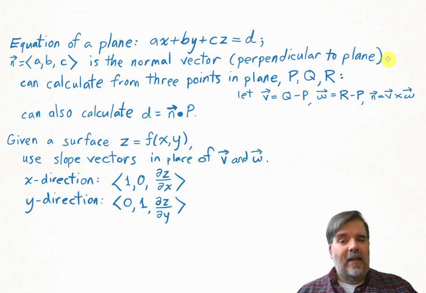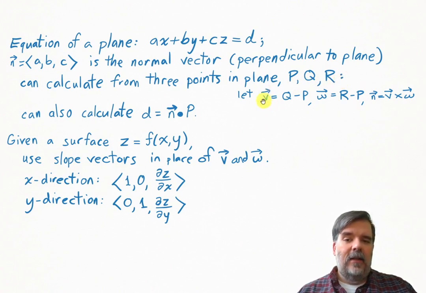And if we wanted to calculate the normal vector, in other words, if we wanted to calculate the equation of a plane, it requires 3 points in the plane. We'll call them P, Q, and R. And to calculate this normal vector, first we need 2 vectors in the plane.